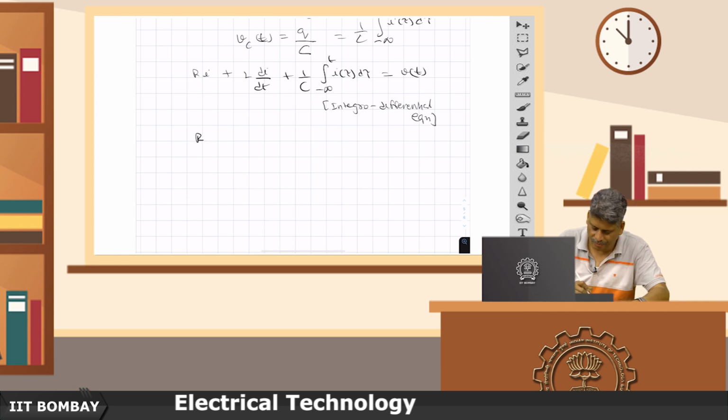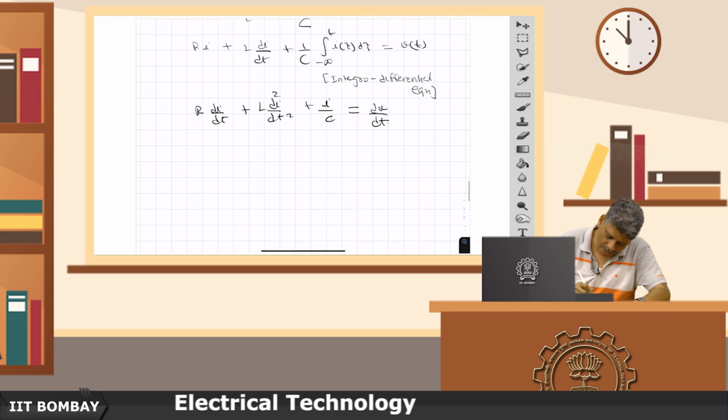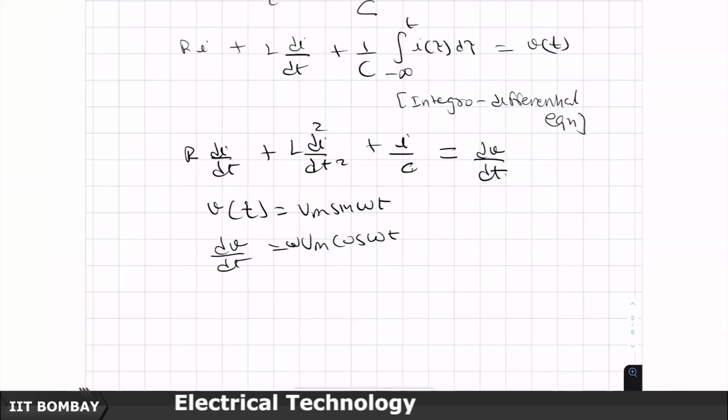If you want to get a differential equation out of it, you just take one more derivative of it. You know that if V equals Vm sin of omega t, then dV by dt will be equal to Vm omega cos of omega t.